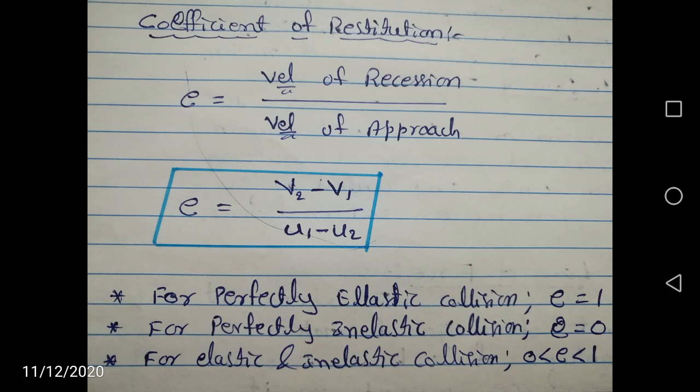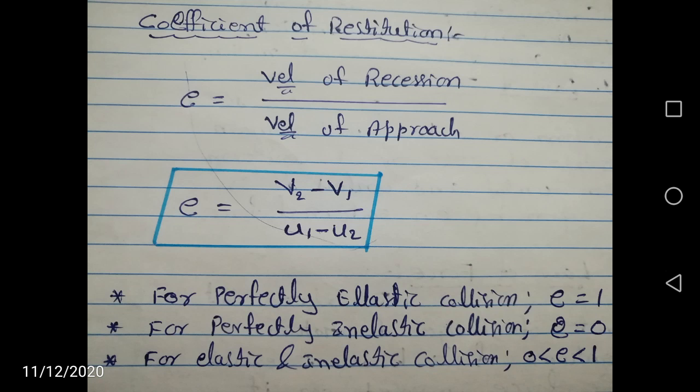For a perfectly elastic collision, the coefficient of restitution is always equal to 1. For a perfectly inelastic collision, e equals 0. And for collisions between elastic and inelastic, e lies between 0 and 1.